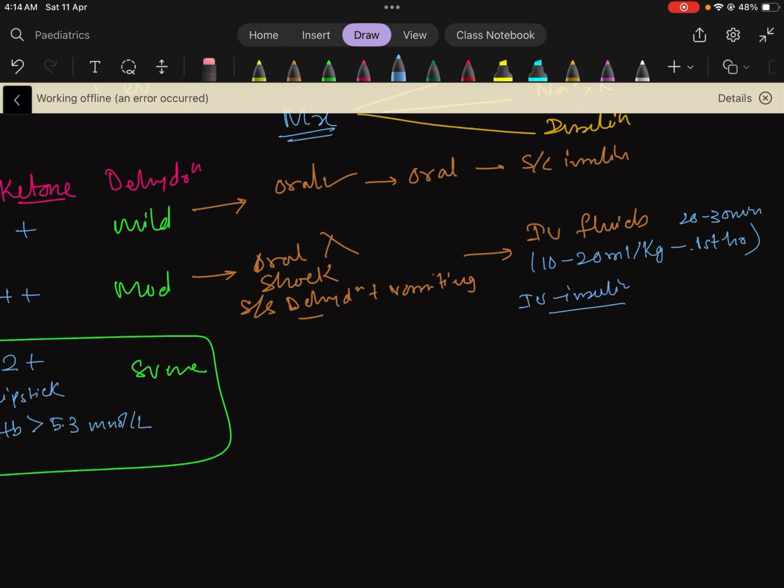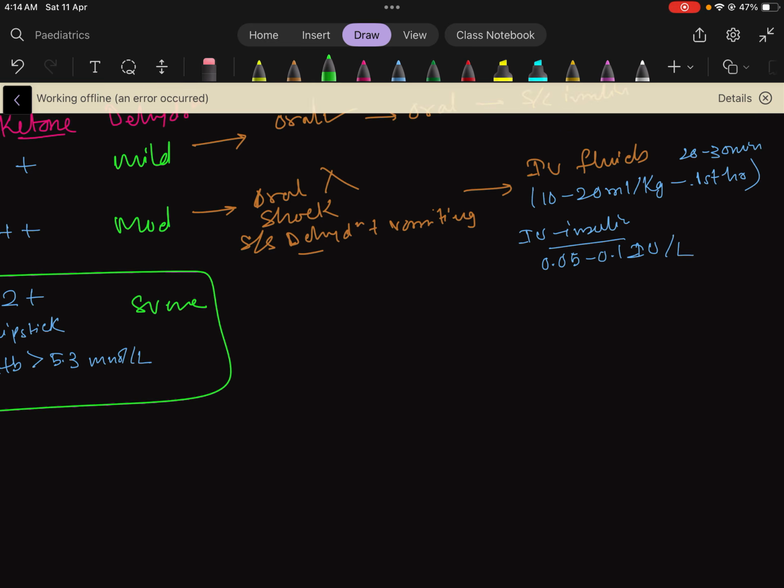The dose will be, pardon me, 0.05 to 0.1 international unit per kg. Now in severe, consciousness will be decreased. The patient might be comatose.